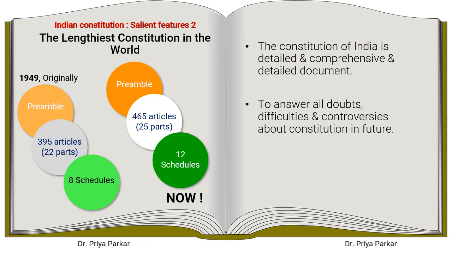Since its inception till date, it has increased in size. In 1949, it contained 395 articles in 22 parts and 8 schedules. Now it contains the preamble, 465 articles across 25 parts and 12 schedules.